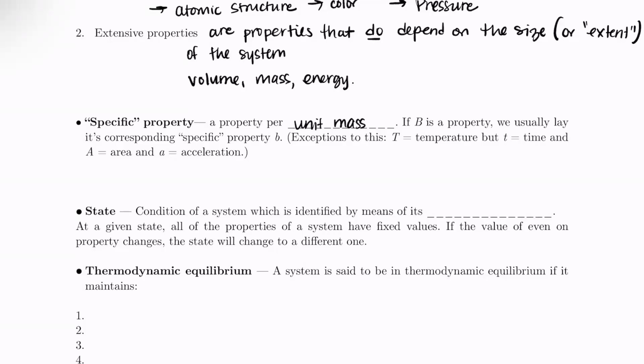So we'd use lowercase b. There's obviously some exceptions to this. So in this example, the lowercase b is just the uppercase B divided by m. Obviously, there's exceptions to this because capital T is temperature, but lowercase t means time. And then capital A is area and lowercase a is acceleration. So for A's and T's, we don't mean specific when it's lowercase. Okay.